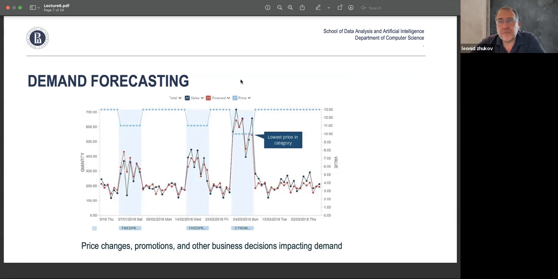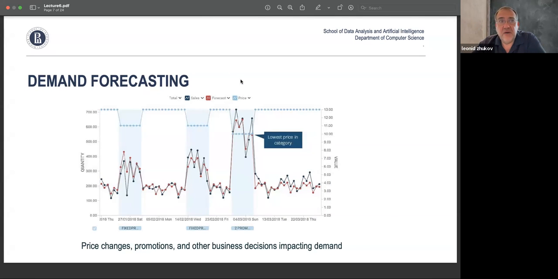And demand is usually calculated and predicted on the store level and on a daily time resolution, and then it can be aggregated for regions. So this is a quick introduction into where you use time series forecasting.